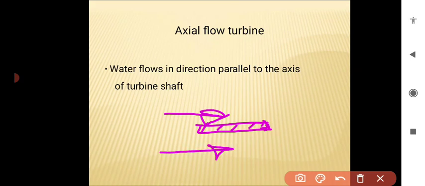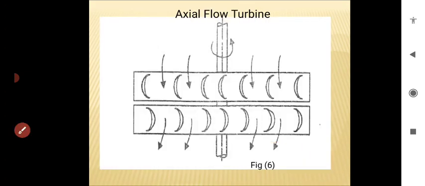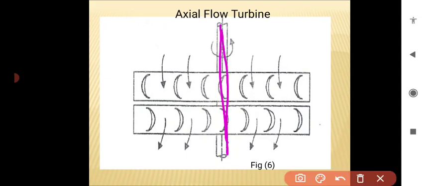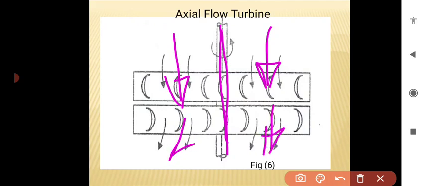Then the flow is known as an axial flow turbine. Observe this. Here it is: this is the turbine shaft and the water is also flowing parallel to this turbine shaft. Then this flow is known as an axial flow turbine. These are the turbine vane blades.